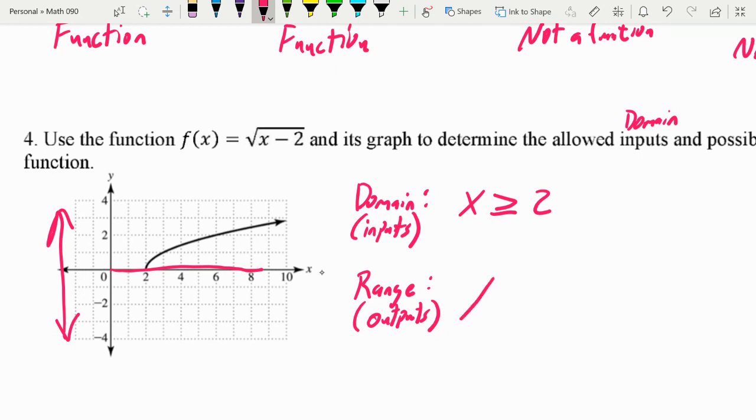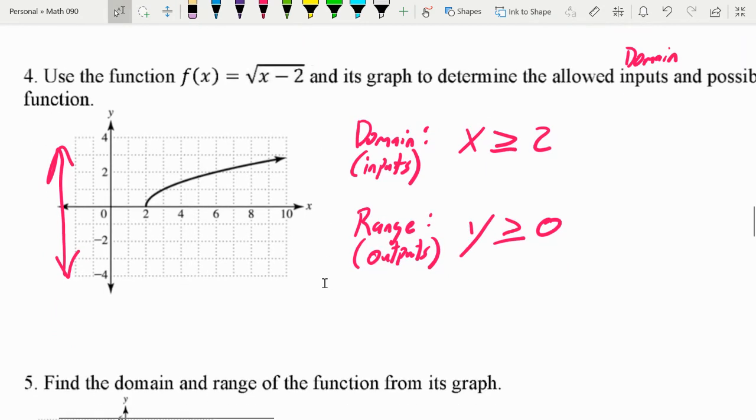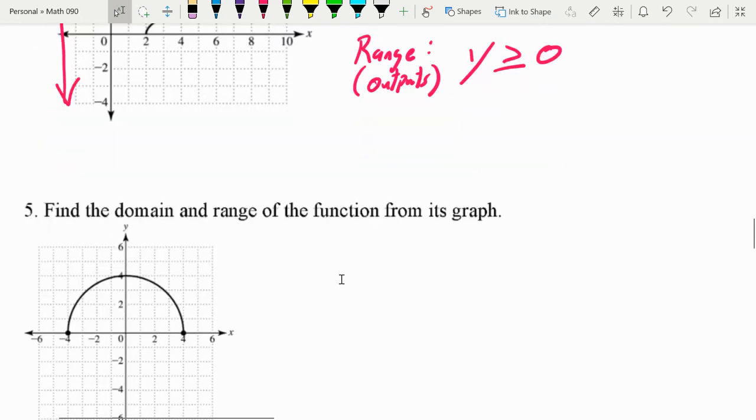So y is going to be greater than or equal to 0. And just like we talked about in one of those other graphs, as this thing travels to the right, it's also going up. Not very quickly, but it is going up. So there's the possible inputs and the possible outputs.